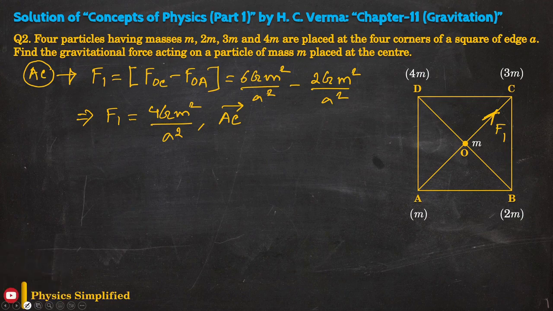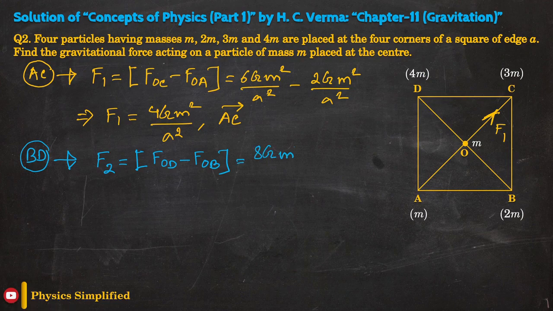Now we will consider the diagonal BD. For the diagonal BD, again we have two oppositely directed forces along the same line. So let the net force along the diagonal BD be F2. F2 will again be the subtraction of the two forces, so it will be FOD minus FOB. Now what was FOD? FOD was 8Gm² divided by a². And what was FOB?